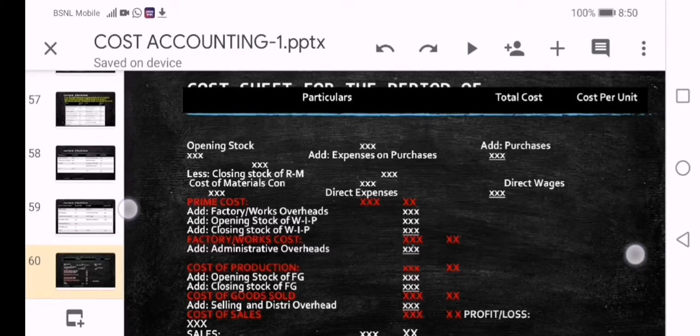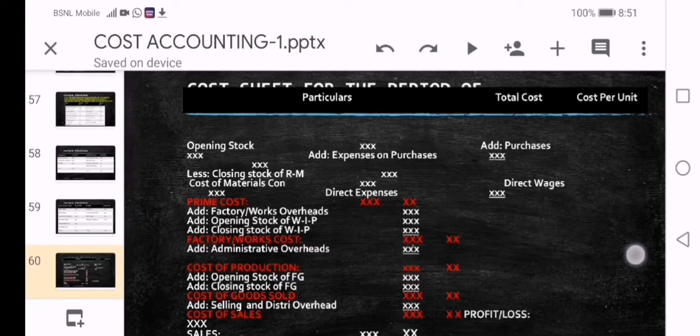Similarly, administrative overheads. Once you add administrative overheads, you will get cost of production, for which again addition of opening stock of finished goods and deducting closing stock of finished goods. Here also "add" is appearing on the slide. It is a mistake.